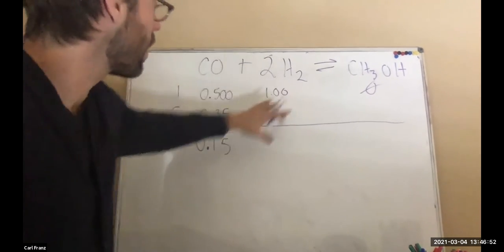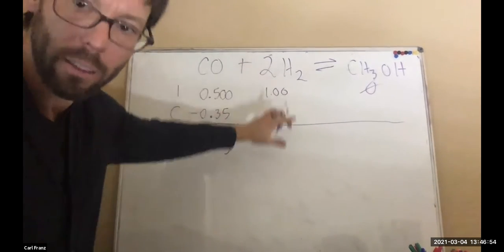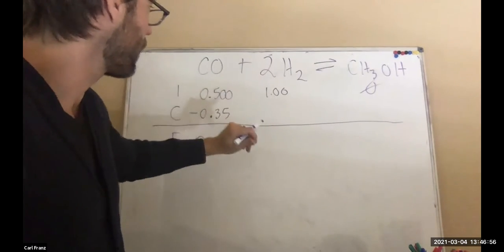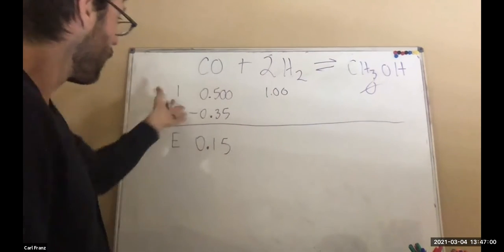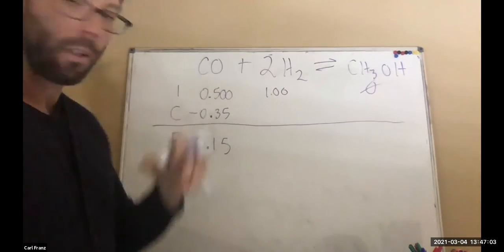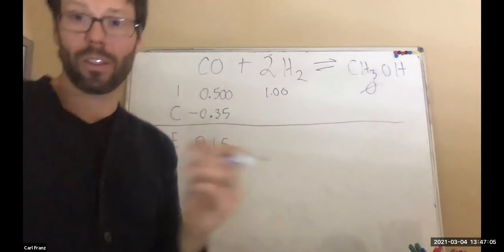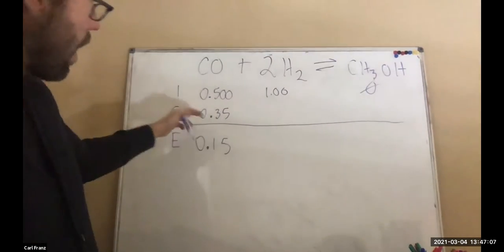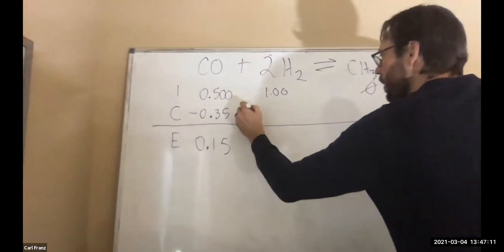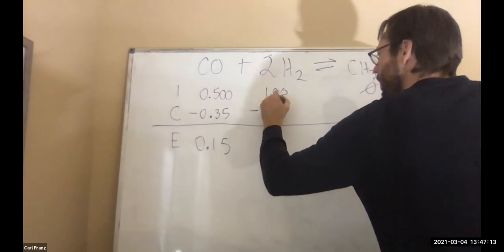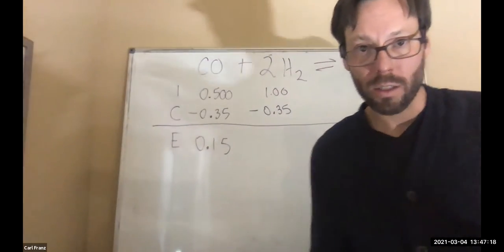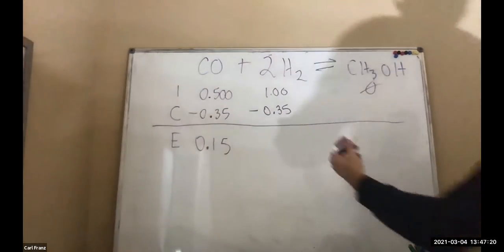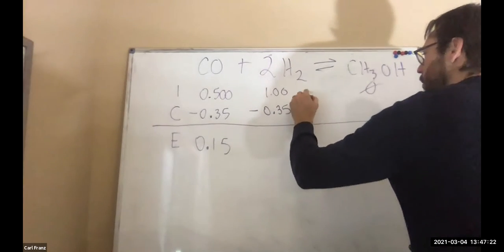So that means on the reactant side, it's going to be negative. This is essentially X, all right? So later on, we won't know what the change is, and we'll have to figure out the change. But for now, we're going to say that that is the change. So it must be negative 0.35 here too. But because we have to take stoichiometry into consideration, what do we do? We multiply it by 2, right?